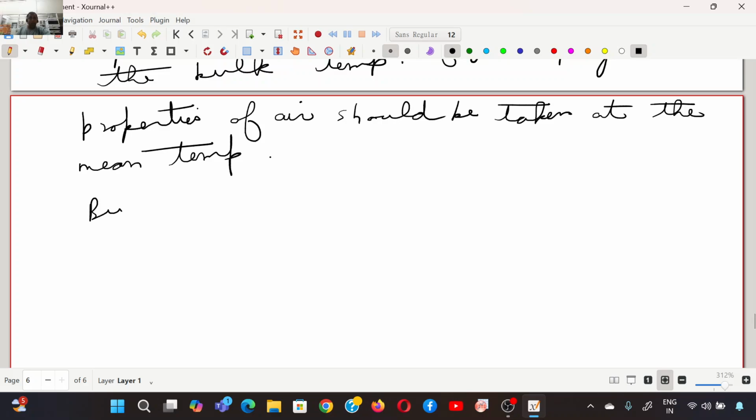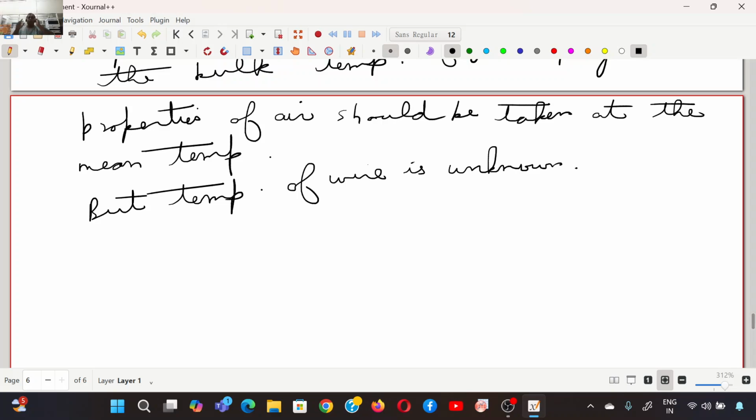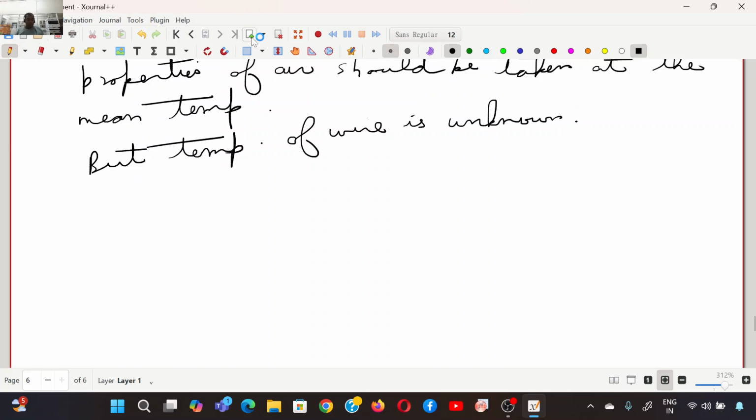Okay. But the temperature of the wire is unknown in this case. How do we resolve? So we have to approach this problem a bit numerically, okay? So we'll take the values of all the properties at the bulk air temperature.